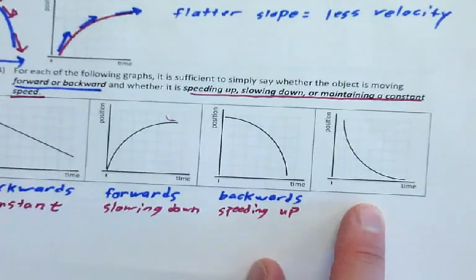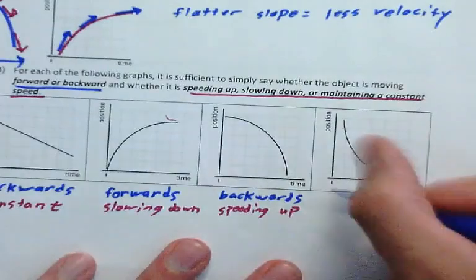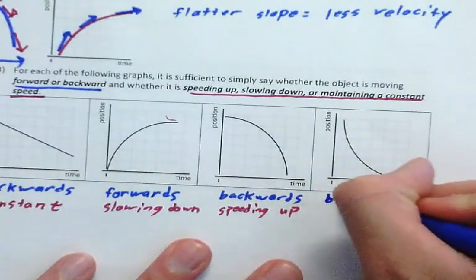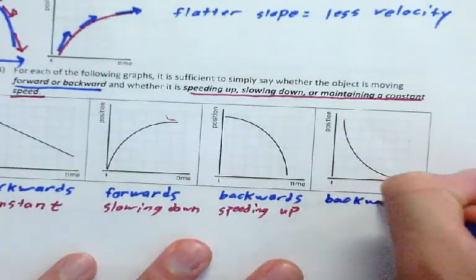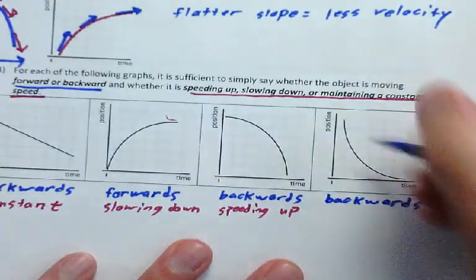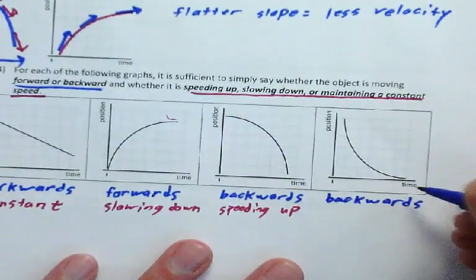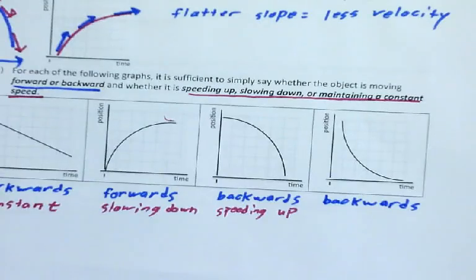Why do you think forwards? Okay, why do you think backwards? Yeah, because the graph's going down. You're exactly right. Nice recovery. I love it. Yes, this is going backwards. And again, the reason it's going backwards is because it's going down on the graph as opposed to going up on the graph. Okay? Perfect.